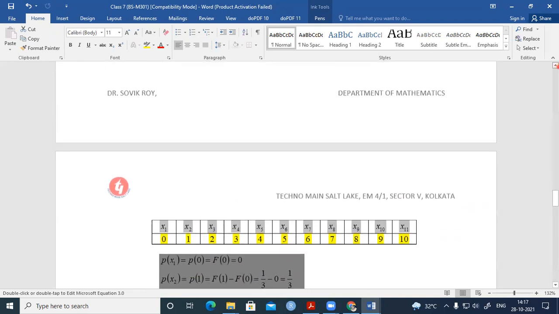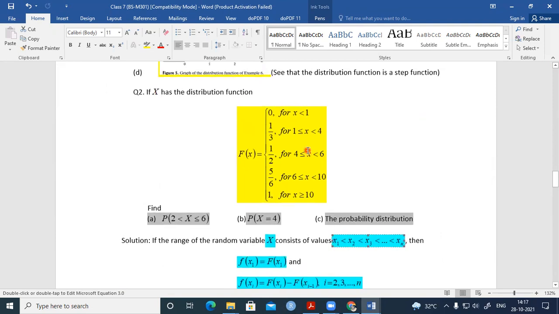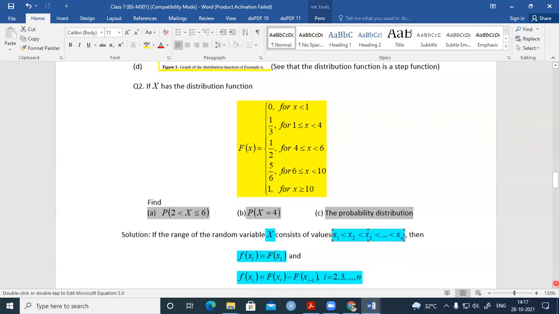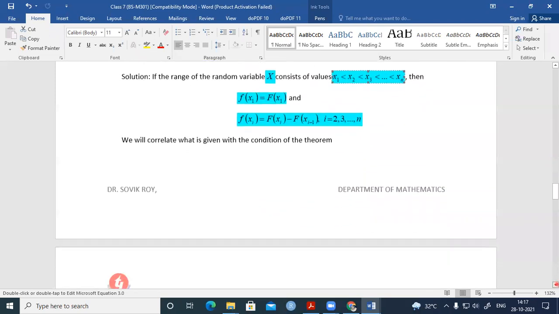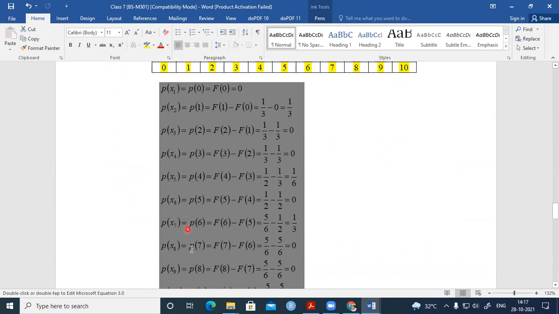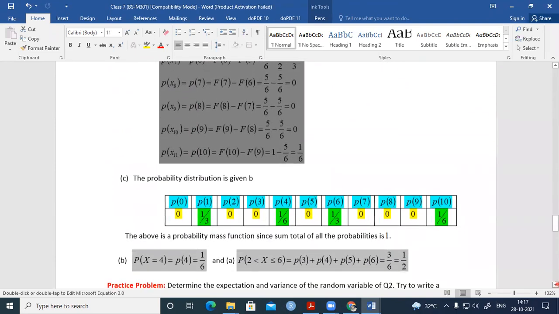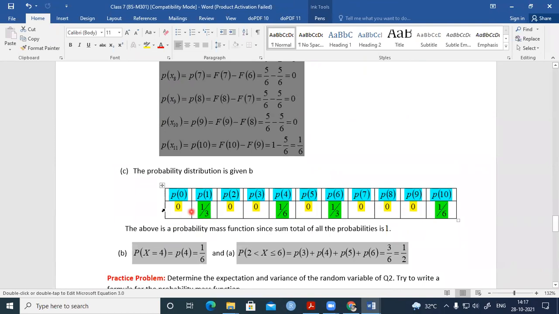Let us check. You see, when x equal to 1, the value is 1/3. F of 1 is 1/3. So from there, I'm picking the value and putting it here. In this manner, we have calculated all the probabilities, and ultimately we have plotted all the probabilities here.